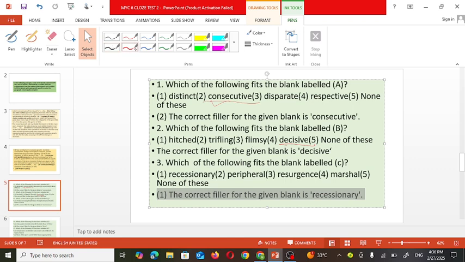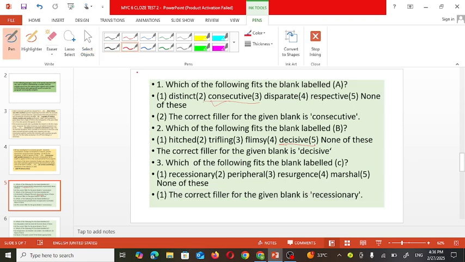The options are given to you: recessionary, peripheral, resurgence, martial. See the options: recessionary, peripheral, resurgence, and martial.